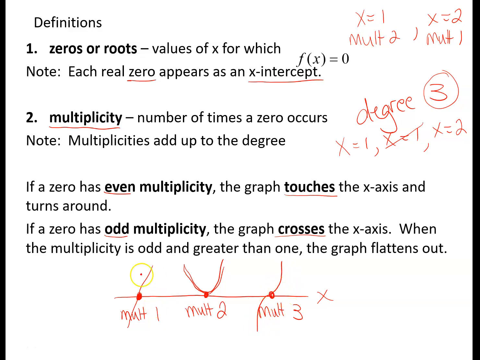And so here's multiplicity 1, just crosses right through, but if it's odd and greater than 1, it's going to flatten as it crosses. So that is why the multiplicity is important. It's going to help us to know how to draw the graph at the x-intercepts.